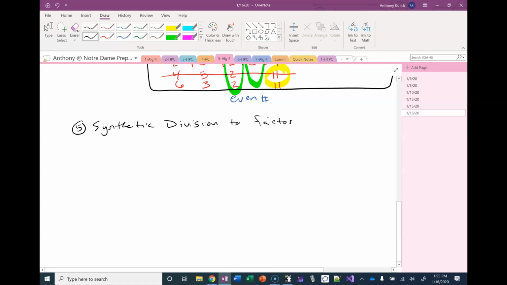We've identified the rational ones. We know how many times we can do the synthetic division with those at the minimum, because we've identified the bends, bounces, and straights, right? So usually at that point, the factoring becomes pretty easy. It's just a matter of kind of confirming things at the end, right?